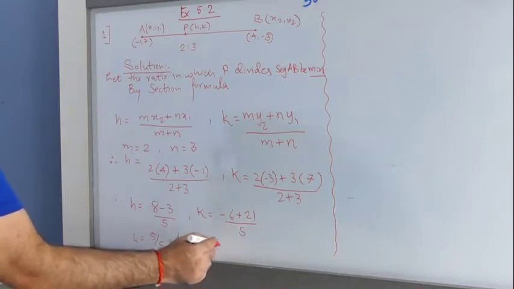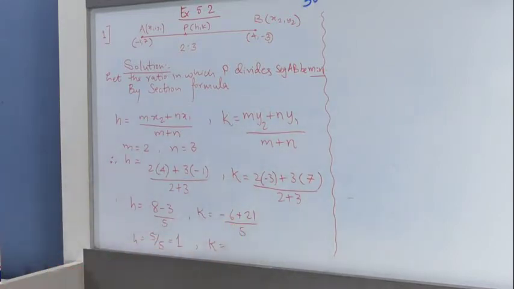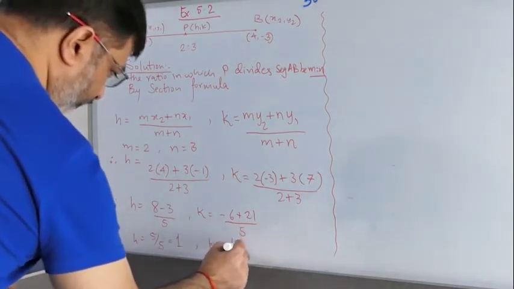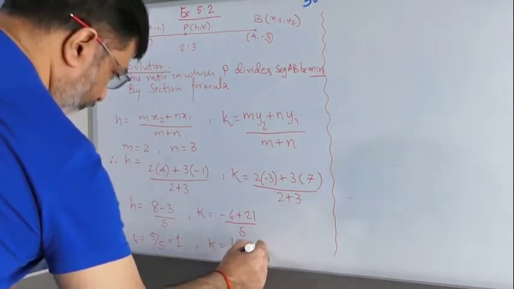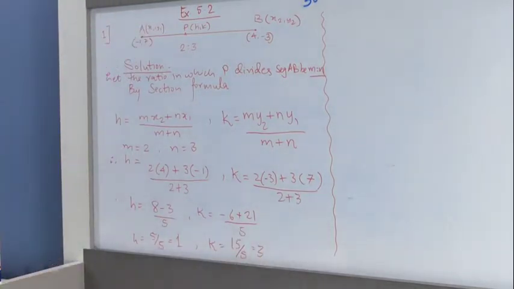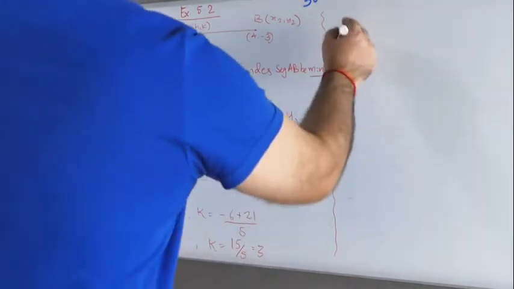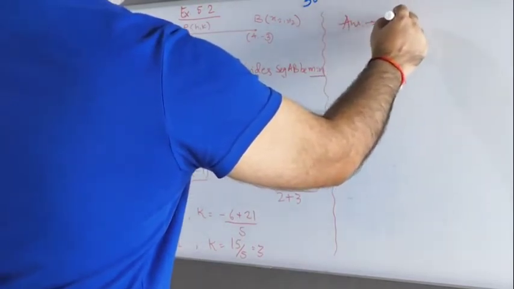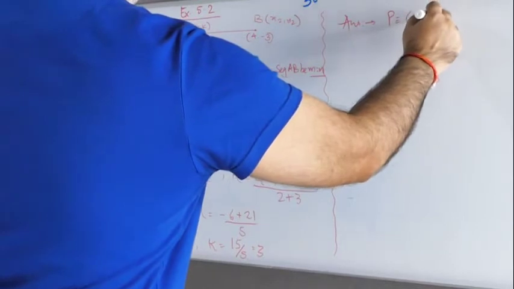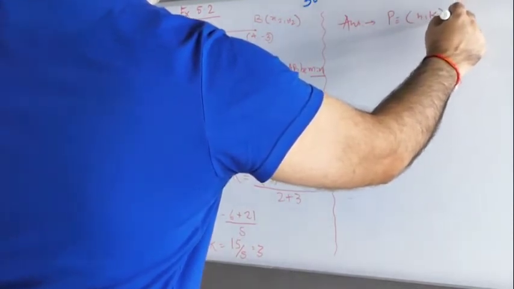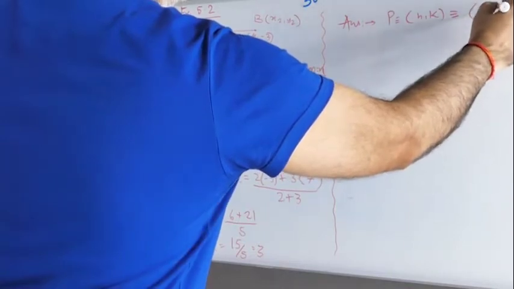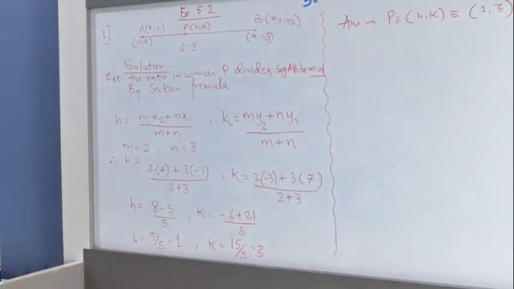And k is minus 6 plus 21, that gives you 15 upon 5, which gives you 3. So what is going to be the coordinate of point P? So you have your answer. P(h, k) is going to be (1, 3). That finishes the problem.